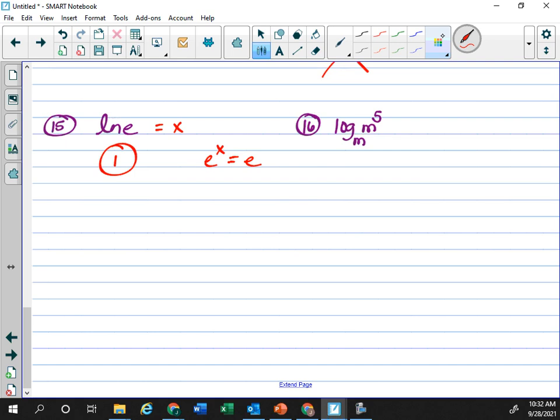Any thoughts on this one? Are we raising our hand like this because we think it's 5? Yes, it is 5. Anytime the bases match like this, the base of your log and the base of whatever's happening here, your answer is always going to be that exponent. There happens to be an exponent there.